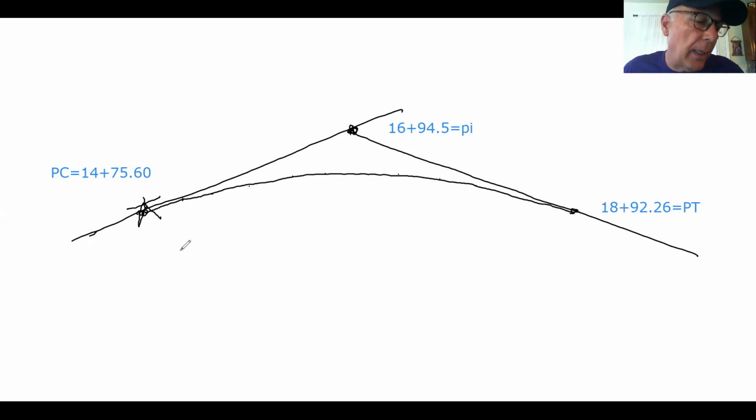If you look at the formula of the data it was given, the first deflection angle was to find the length of the arc and divide it by the radius. Well, what is the length of the arc?